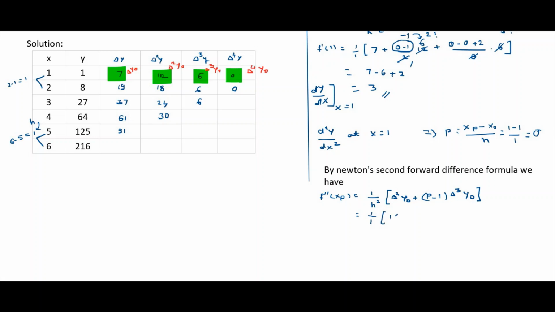From the table we can write it as 12, plus p minus 1, that is 0 minus 1 is equal to minus 1, into delta cube y naught. From the table we can write it as 6. If you simplify, in total you will get 6, because 12 minus 6 is equal to 6, and this is d square y divided by dx square at x is equal to 1, which is the required solution.